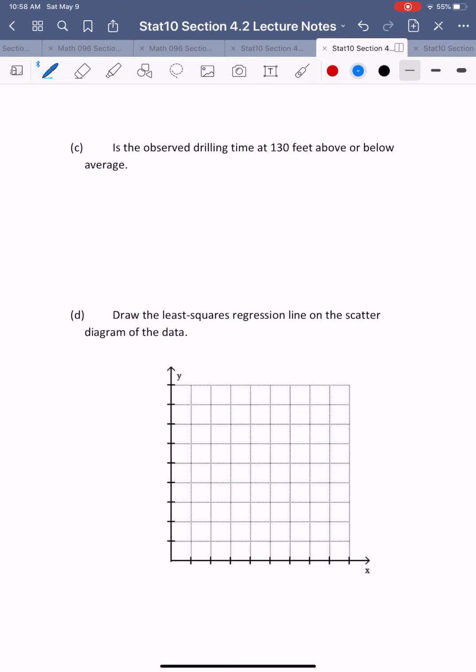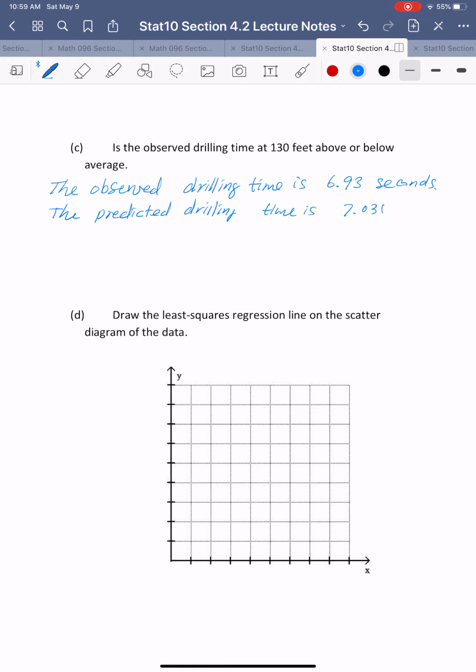Okay, sorry, let me write that again. The observed drilling time is 6.93 seconds, and the predicted drilling time is 7.035.